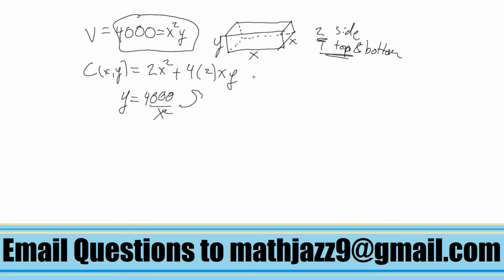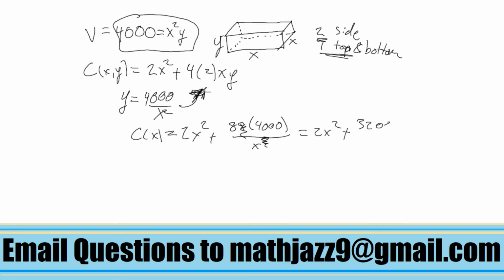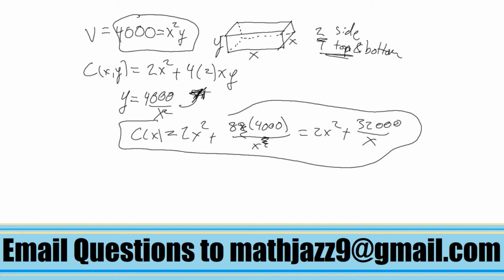We plug this into the cost equation, getting our cost function, c of x equals 2x squared plus 8x times 4,000 over x squared. We're going to cancel out the square immediately with the x up there. So we get 2x squared plus 32,000 over x.